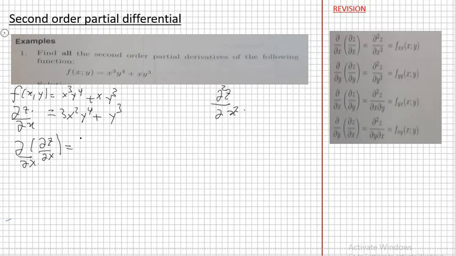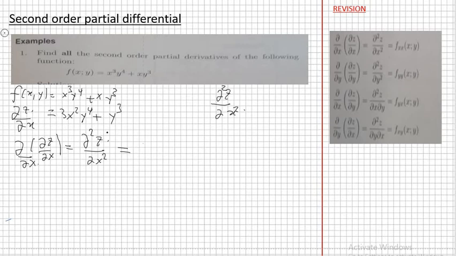So this is the same as the second derivative of z with respect to x. I just need to derive the function that I got, so I need to derive it again with respect to x.